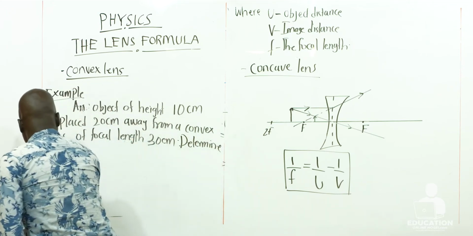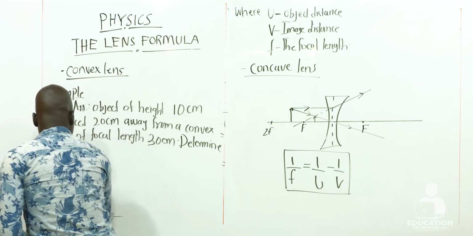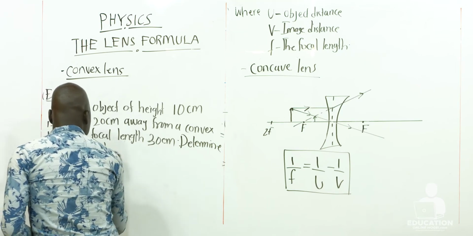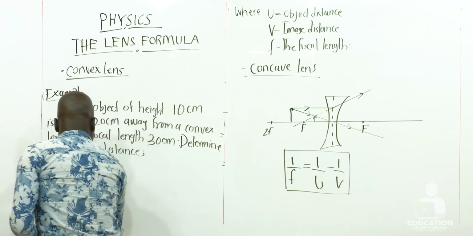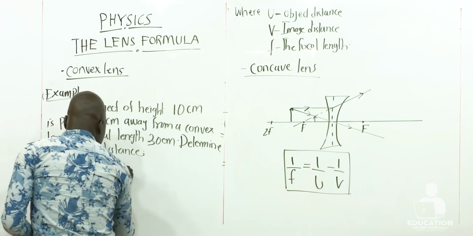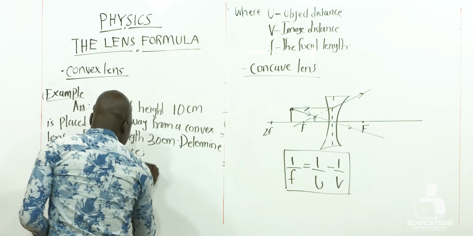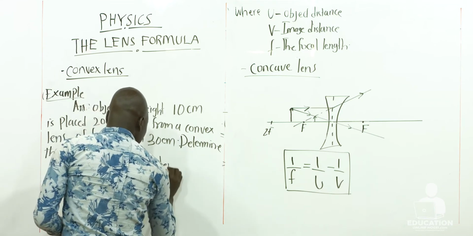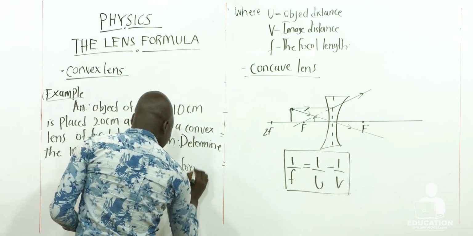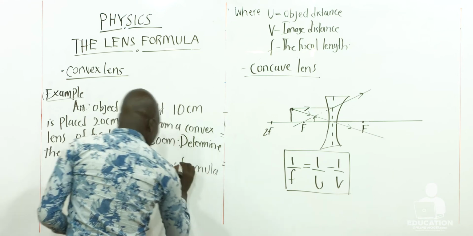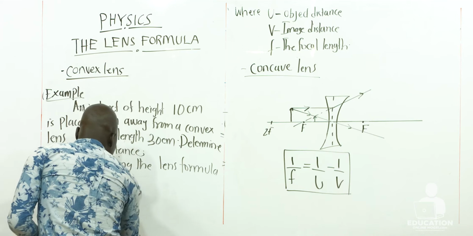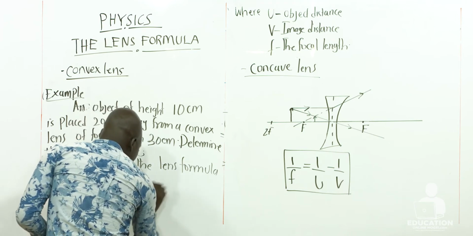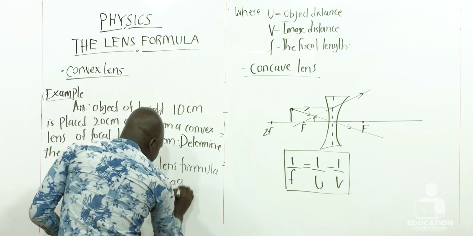Determine the image distance, A, using the lens formula, then B, using a ray diagram.